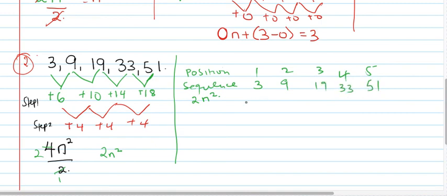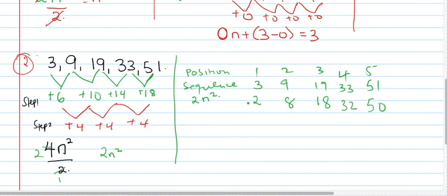So 2n squared, n is the position. So 1 squared is 1 times 2, 2. 2 squared is 4 times 2, 8. 3 squared is 9, 9 times 2, 18. 4 squared is 16, 16 times 2, 32. 5 squared is 25 times 2, 50.